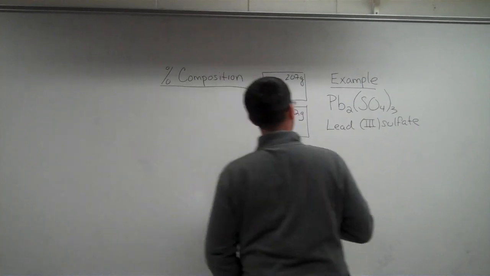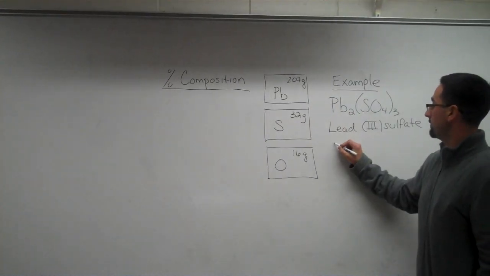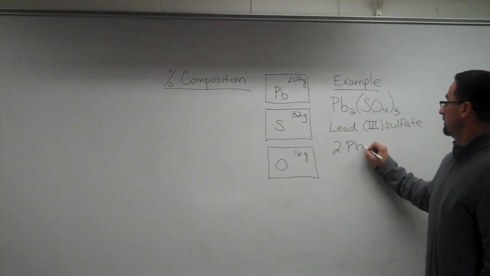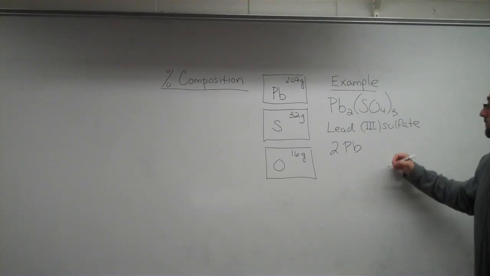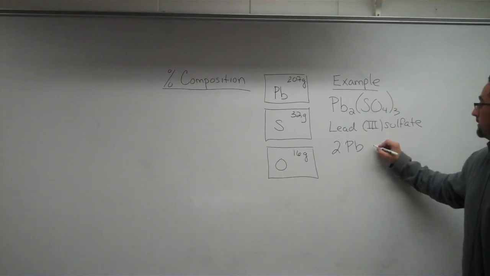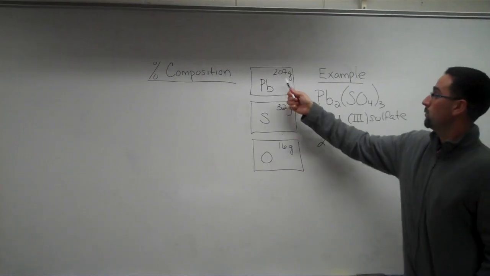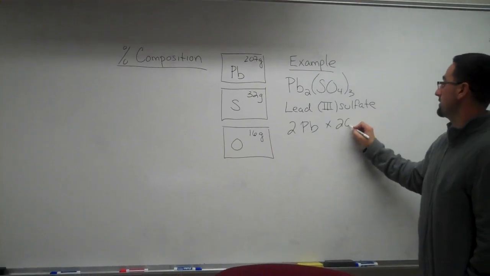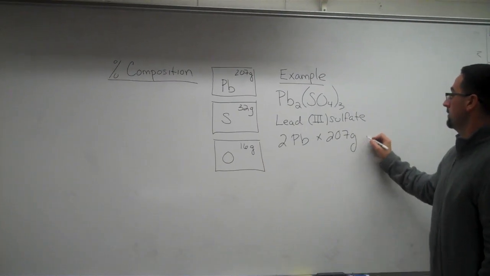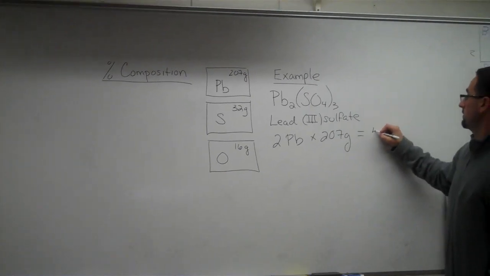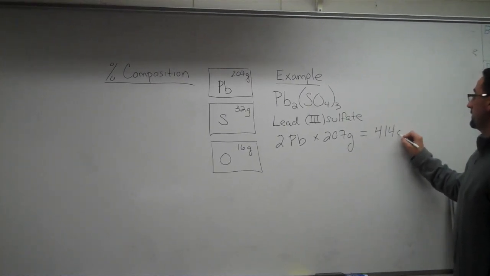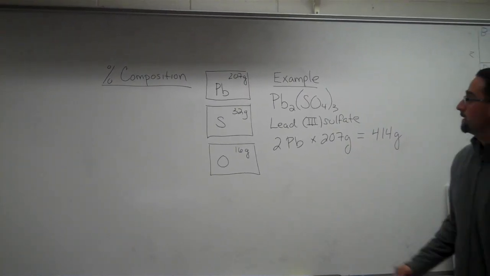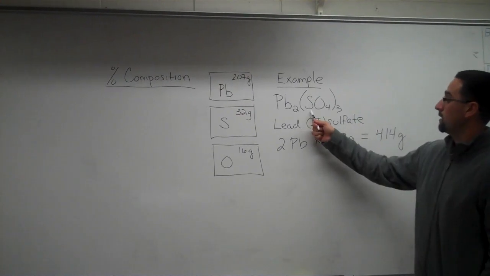So looking at the formula here, we know we have 2 lead, or 2 moles of lead, per mole of lead 3 sulfate, times, we know that lead is 207 grams per mole. So that's going to be 414 grams. We're going to do the same here for sulfur.